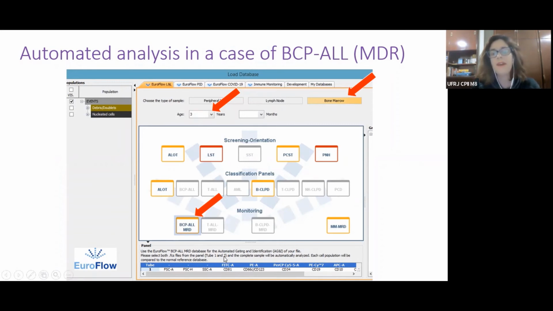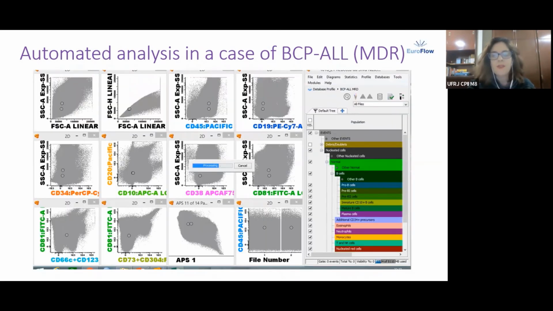We have to have the 2 tubes to use this tool, but normally it's not a problem in our lab. We routinely use these 2 tubes. We do not choose one tube or another according to the phenotype. So this tool takes some minutes, 7 to 9 minutes more or less.